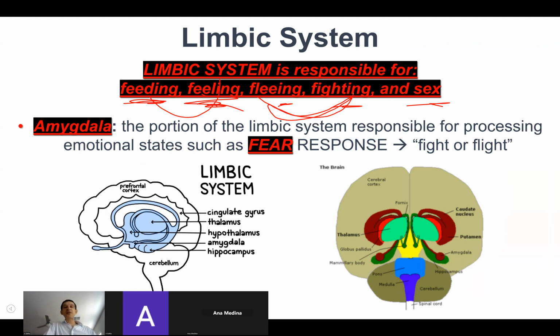A part of the limbic system that sits right here looks like an almond, and so the Greeks call it amygdala, and that part is responsible for fear response, fight or flight. Patients who have damaged both of their amygdala, which is very, very rare, we have this information from experiments, do not have any fear.